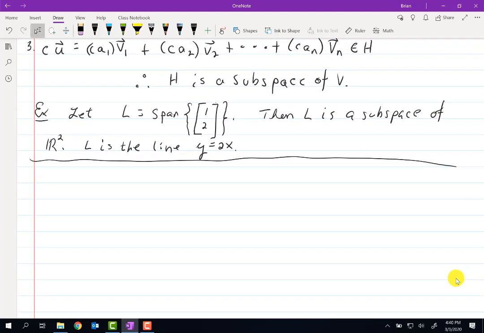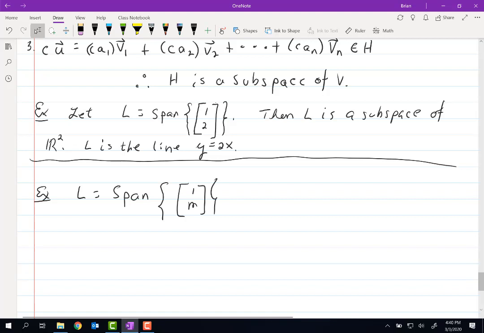Try another one. Same deal. This time I'm going to let L equal, oops, I want the span of that, not just the set. So L equals the span of (1, m). So that is a subspace of R squared.